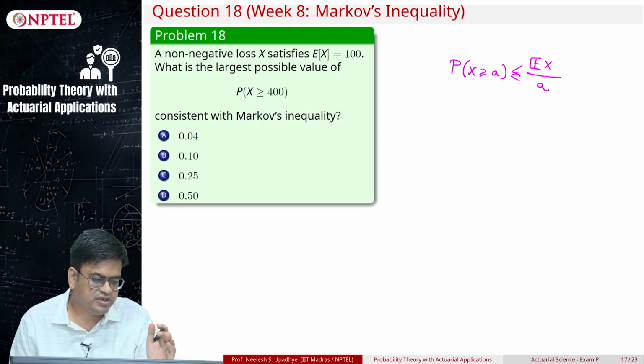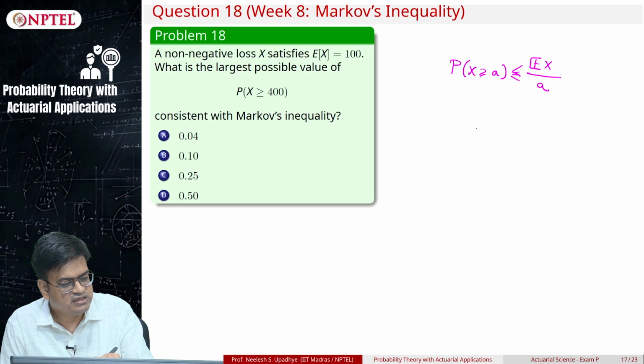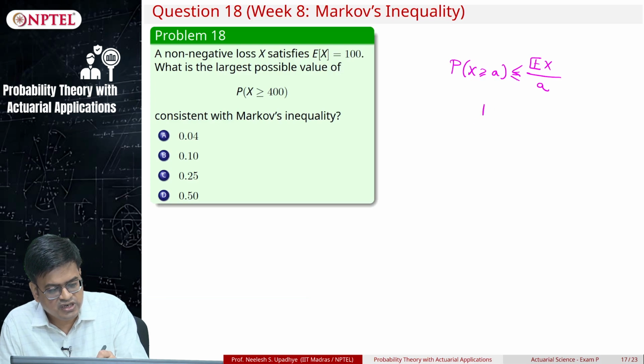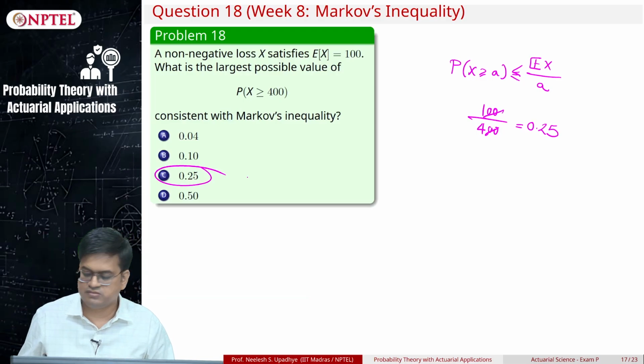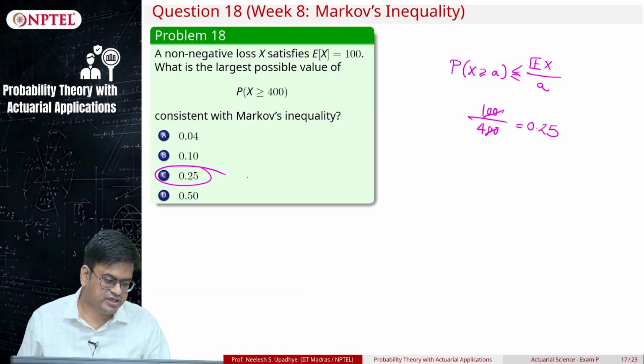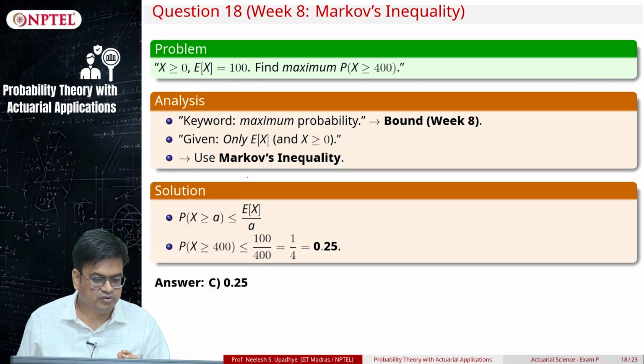I will simply use that and get the answer, which is effectively 100 upon 400, these two zeros go away, this number is 0.25, answer is C. Very easy, very simple, straightforward. We have used the bound which we studied in week 8, the Markov inequality, and the answer was straightforward.